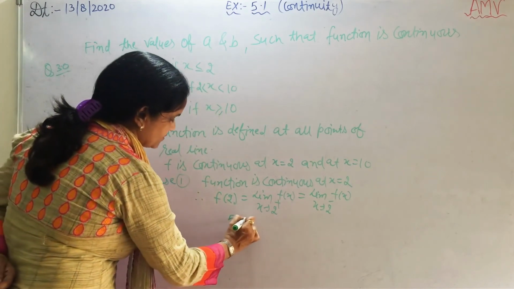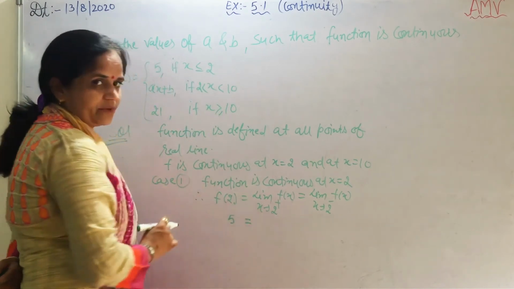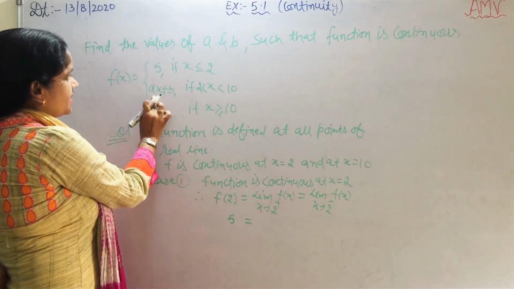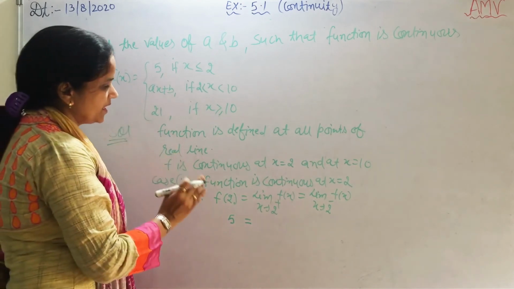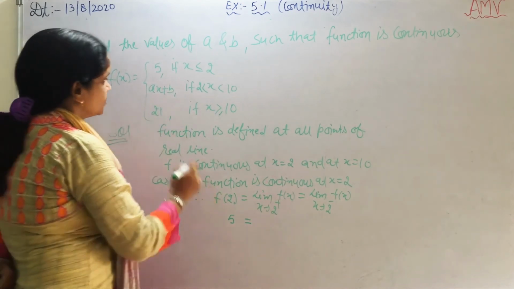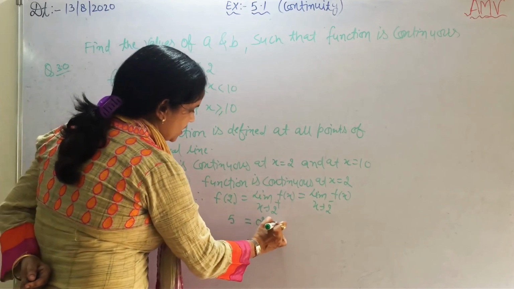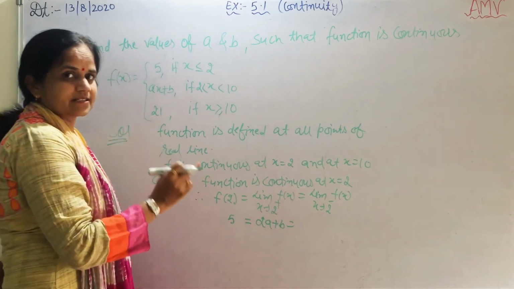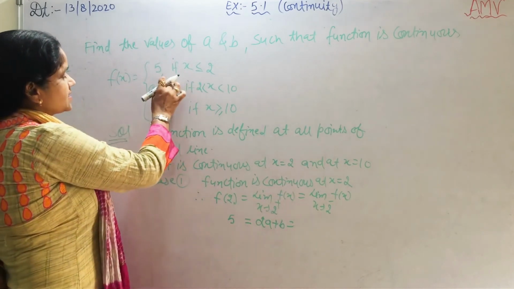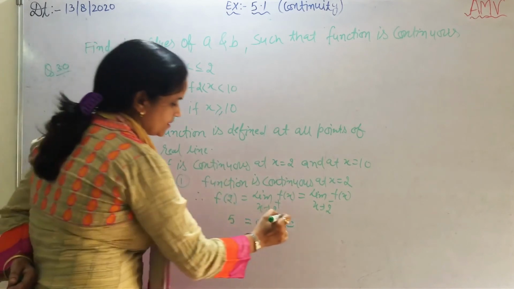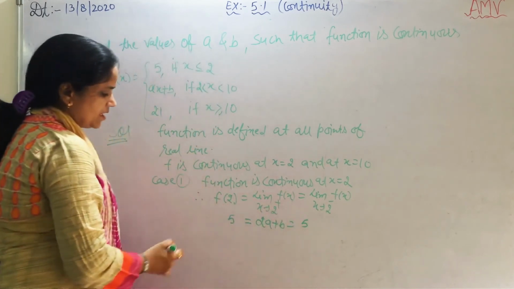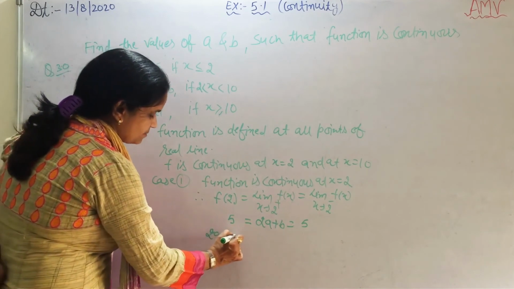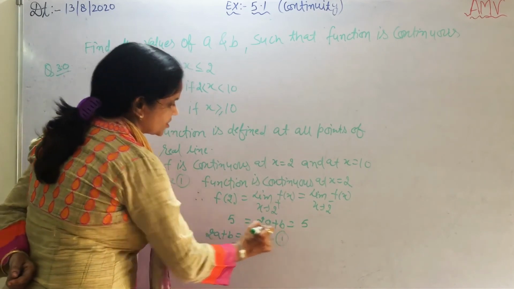So write 5 here. Right hand limit, when x is greater than 2, here it is ax plus b. In place of x, write 2. So you will get 2a plus b. Now its left hand limit when x is less than 2, it's also 5. So write 5 here. Now we get the equation 2a plus b is equal to 5. Equation 1.